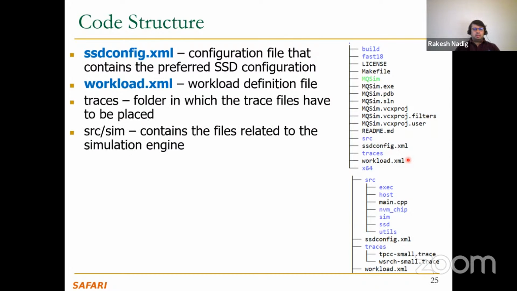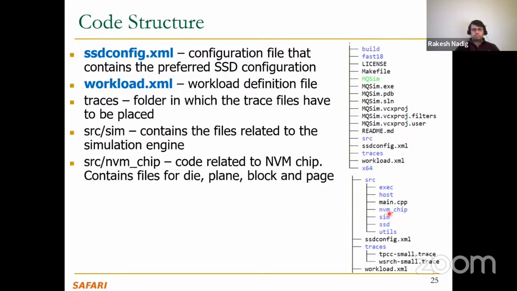Then we have the traces folder, which is where the traces are kept if we need to use a trace based workload. Then we have the source folder, where you have a bunch of folders inside. The sim folder contains files related to the simulation engine.